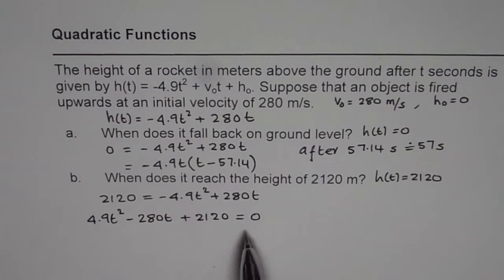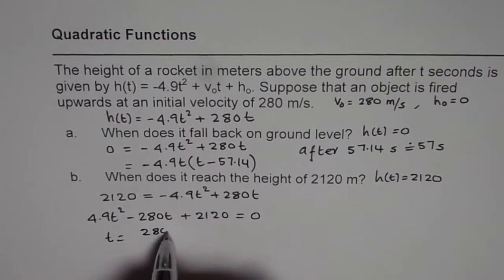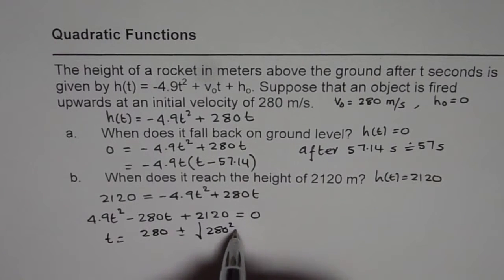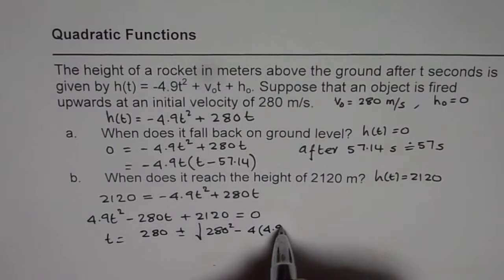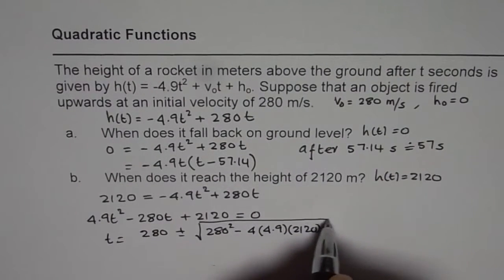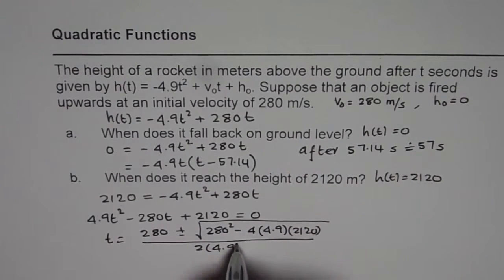Now to solve this, we can use the quadratic formula: t = (-b ± square root of (b² - 4ac)) / 2a, where b is 280 (with sign), a is 4.9, and c is 2120, so 2a is 2 times 4.9.